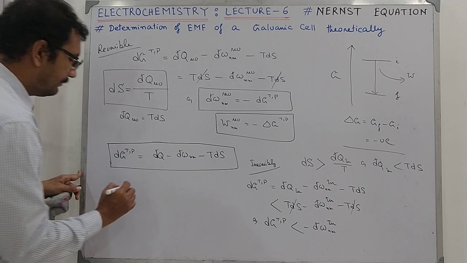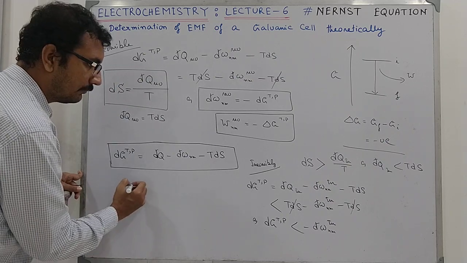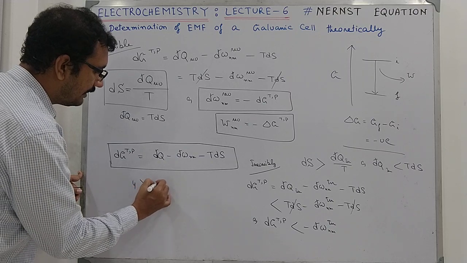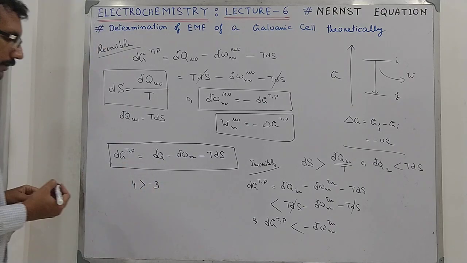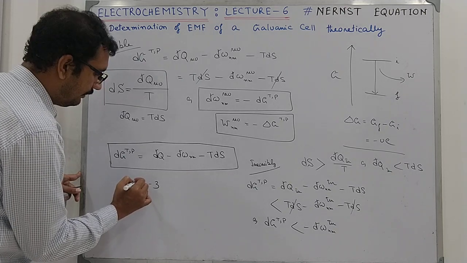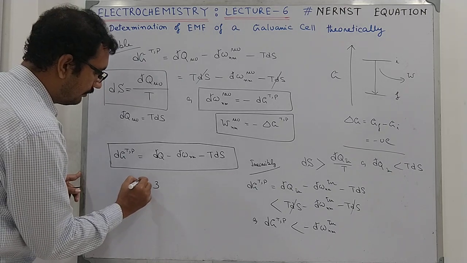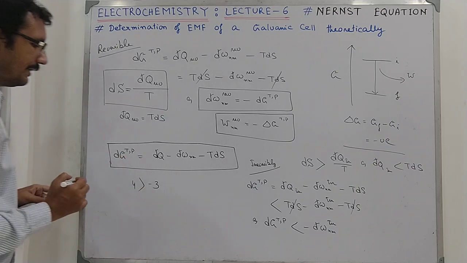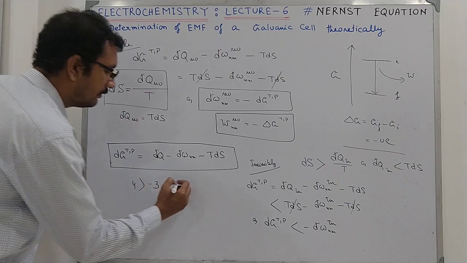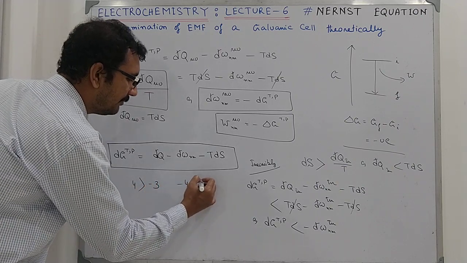Now you see, 4 is greater than minus 3, and you multiply both sides by minus. So it will be minus 4 and it will be plus 3.